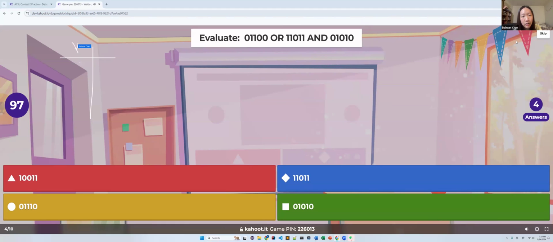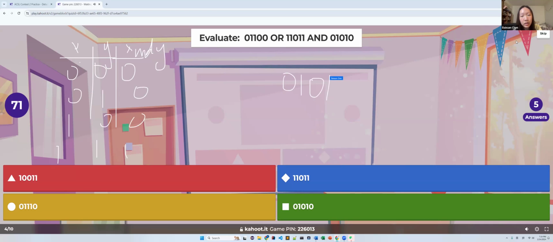X, Y, X and Y: 0, 0, 0; 1, 0, 1. So it only returns 1 when they're both 1. So this will turn into 1 and 0, which is 0, 1 and 1, which is 1, 0 and 0, which is 0, 1 and 1, which is 1, and 1 and 0, which is 0.